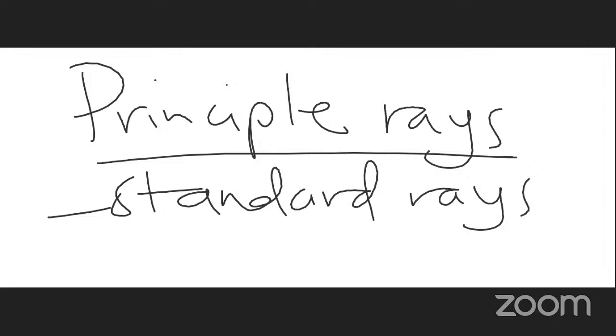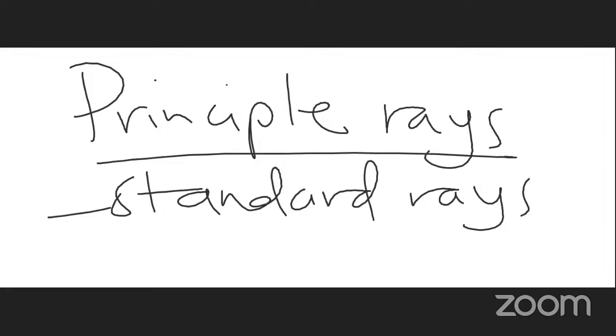And in the ray diagram, we shall be able to locate the position of an image and describe the nature of the image, how the image appears. Is it smaller than the object, which we say diminished? Is it virtual, or is it real? So those are describing the nature of the image. The position is going to be, is it beyond the principal focus or what? That is what we're going to look at.